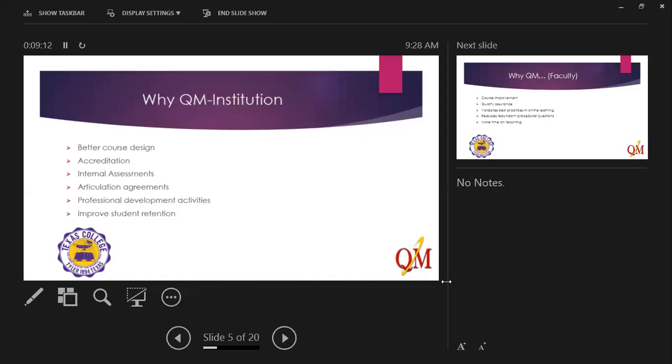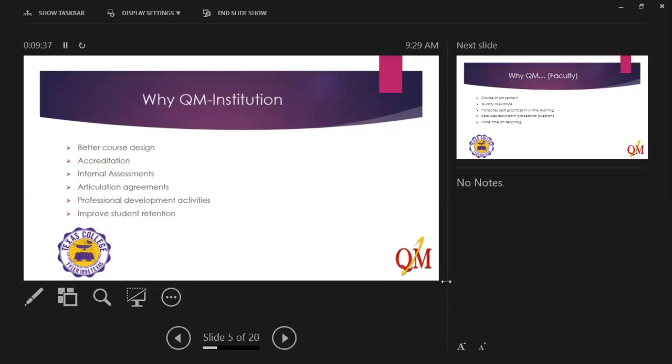Another important reason why institutions want to adhere to Quality Matters standards is accreditation. If a college or university has an online program and SACS were to come and review that program, and the college simply tells SACS that they are a QM institution, that's a done deal. SACS will say, you guys are fine, you're good to go.